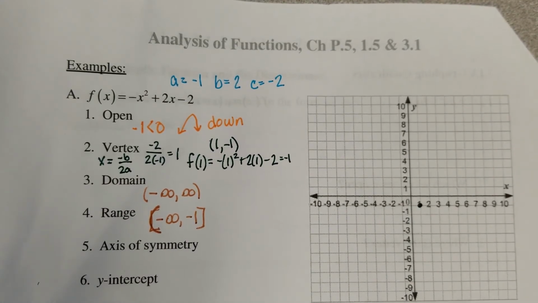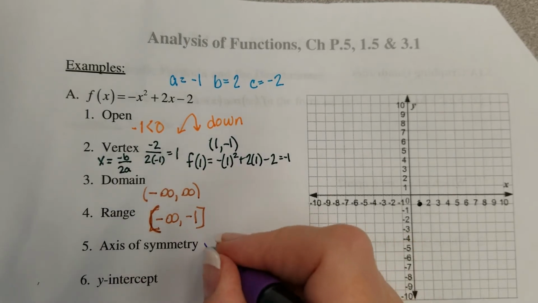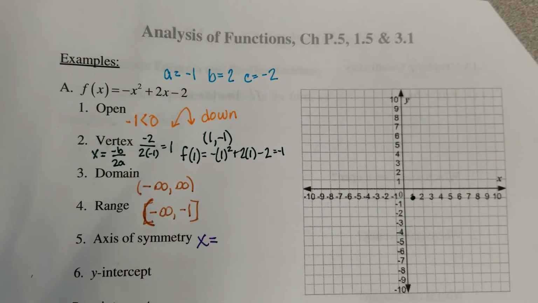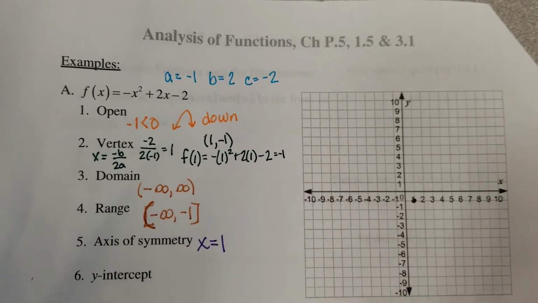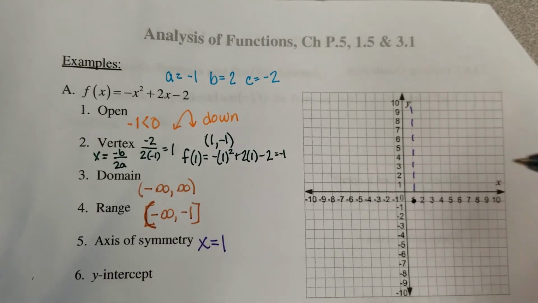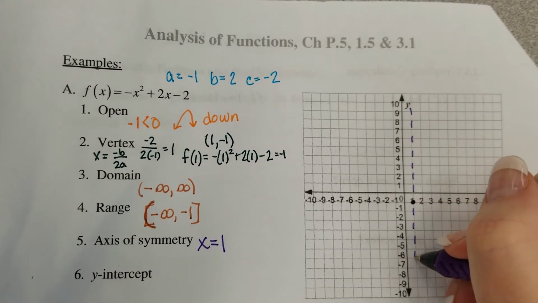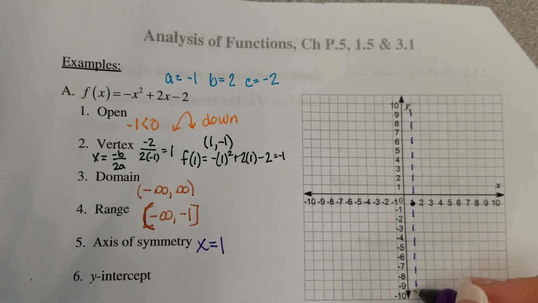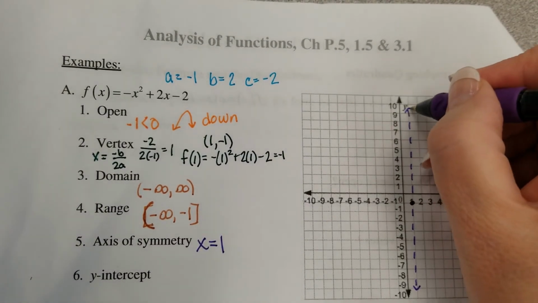Now our axis of symmetry is always x equals whatever the x value of our vertex is, and so it's x equals 1. So I'm going to give myself a little dashed line to know that that's an axis of symmetry. There we go.